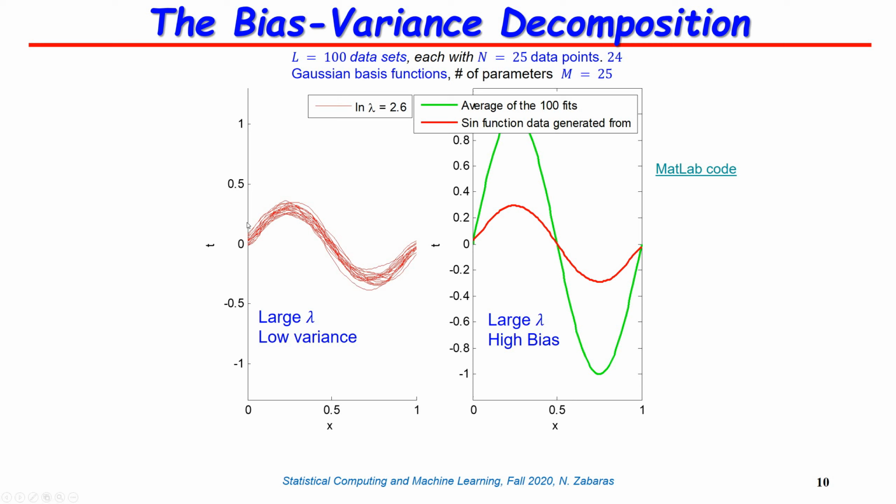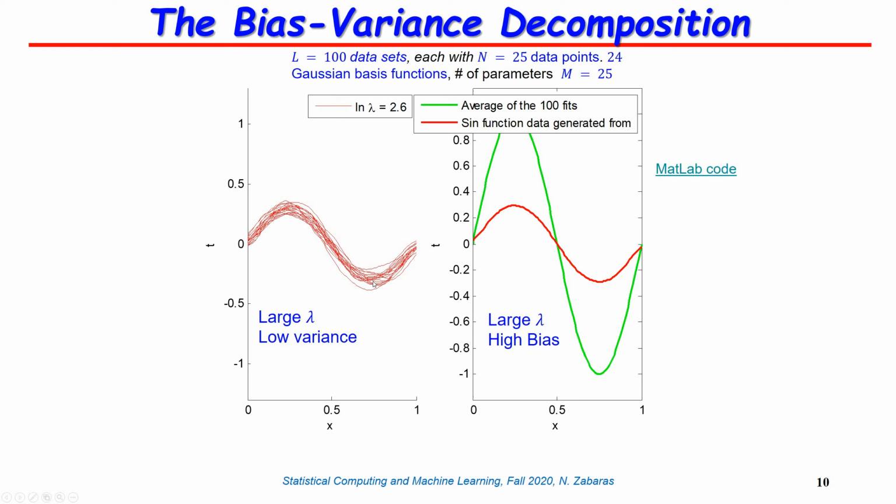So the solutions that you see here, especially on the left, are over different data sets. So this is the regression function we will be computing using different data sets. And I believe we don't plot all 100 regression functions. We use a very small subset, maybe half or so.